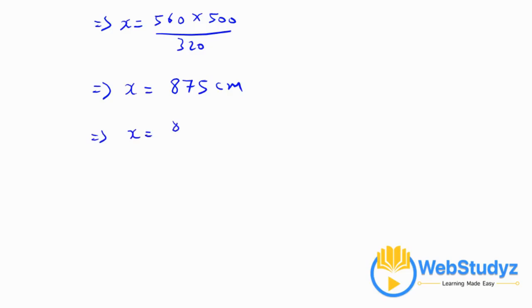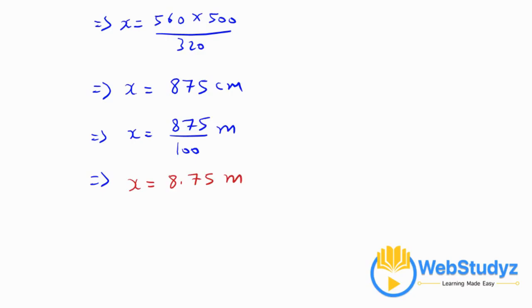So for converting it into meter, we have to divide this by 100. So it will give us the answer in meter. So in meter, the answer will be 8.75 meter.